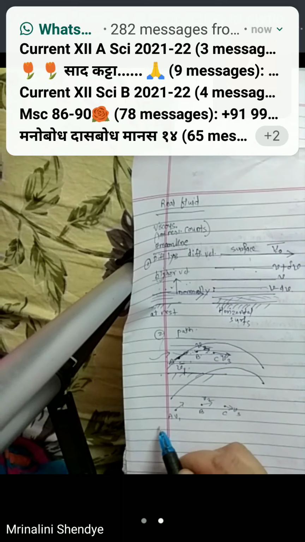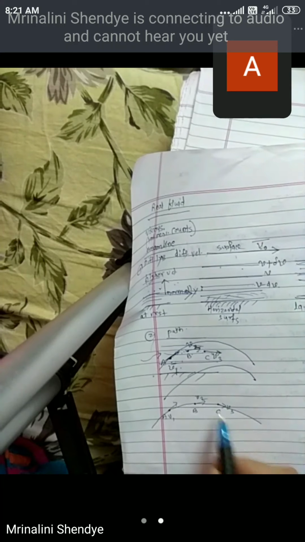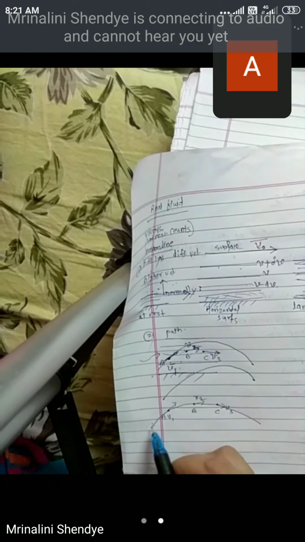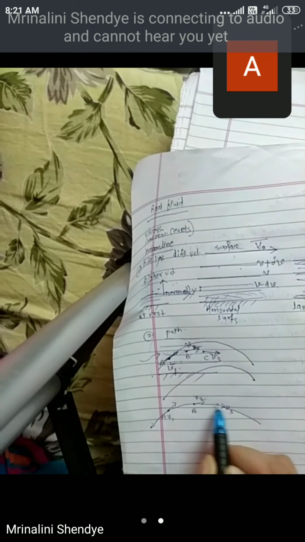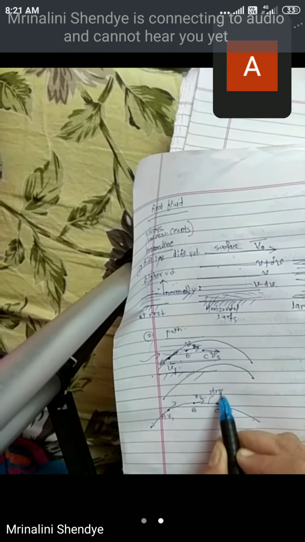So what happens? You can draw a path. It may be straight or it may be curved, parallel in direction to the velocities at each and every point within the liquid, and hence fluid has to follow this path, and this is called streamline.